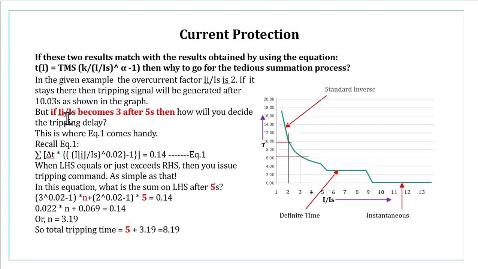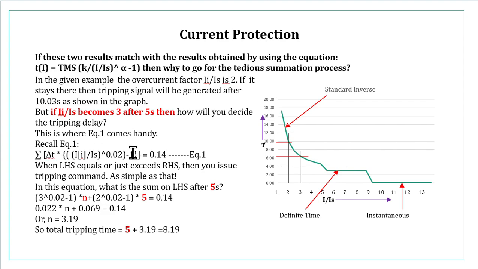But if I upon IS becomes 3 after 5 seconds, then how will you decide the tripping delay? This is where equation 1 comes into the picture, this modified tripping equation. This equation does not bother how the current is changing. It just measures the current and puts the value here and keeps doing the summation.